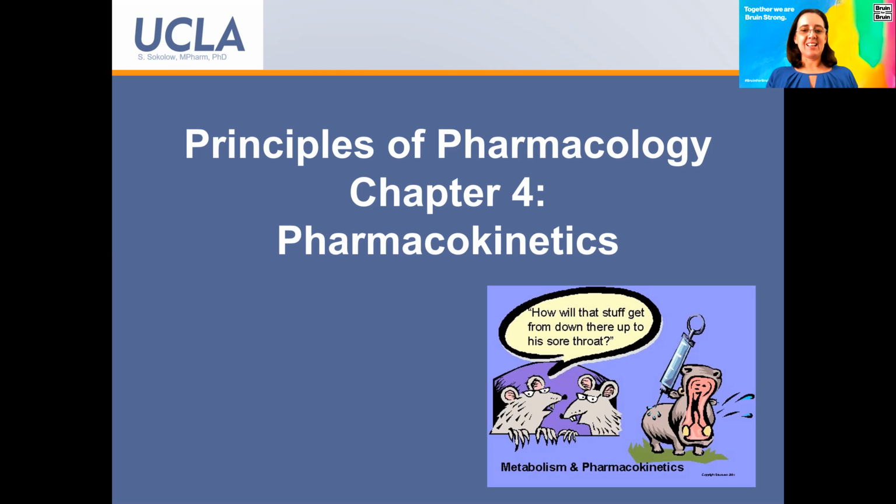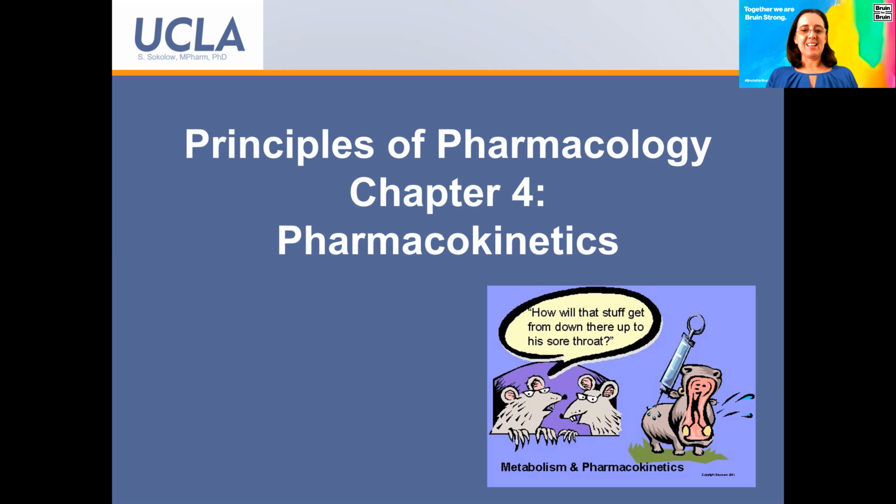So if you look at this slide, these are the different factors that are influencing the intensity of the drug response. And you probably wonder why the prescribed dose is different from the administered dose.